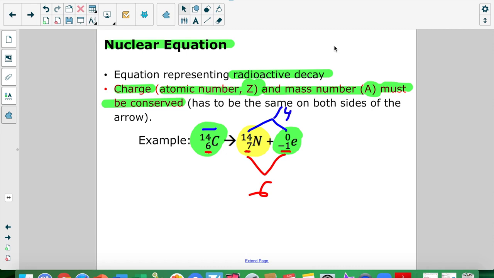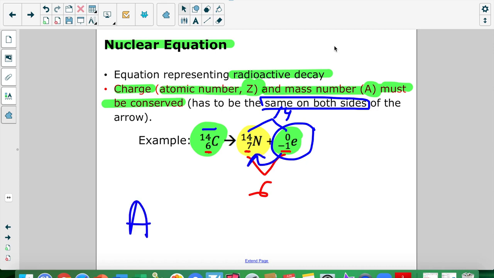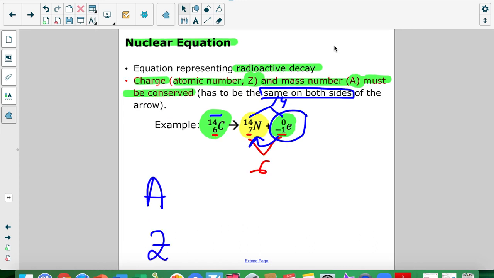So that's why we say that it has to be the same on both sides, okay? Keep that in mind. That's important so that you know how to do nuclear equations later on. So again, one element releases a particle and becomes another element. And the A, the mass number, and the Z, the atomic number, will be conserved.